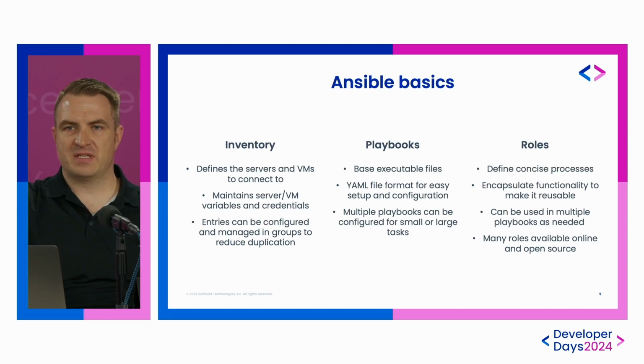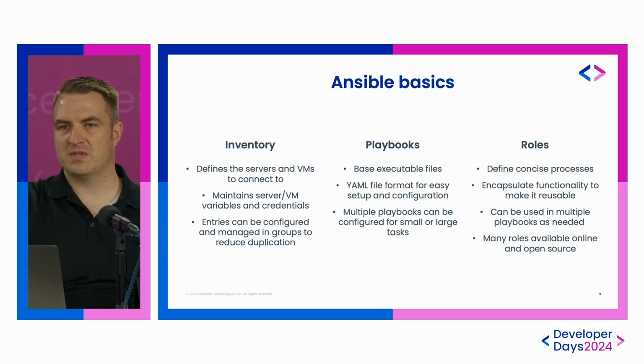Just to go over some basics, Ansible has an inventory. This is where you put all of the configuration variables for the servers within your system. This is what's going to get read in when you run a playbook. The playbook is the basic definition of the script that you're going to run.